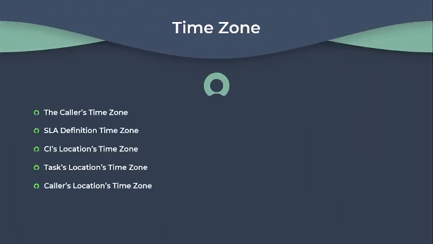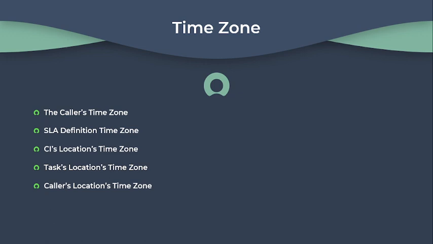Then time zone. Specify the time zone source to be used when creating the task SLA. You can select one of the following options: the caller time zone, the SLA definition time zone, and different options like CI location time zone, task location time zone, and caller location time zone. For the caller location time zone, if this option is selected and the caller has not selected a time zone, then the system time zone is used.